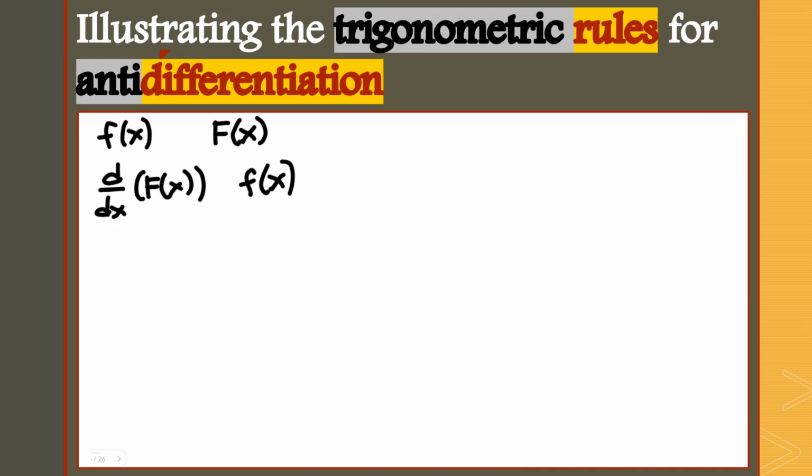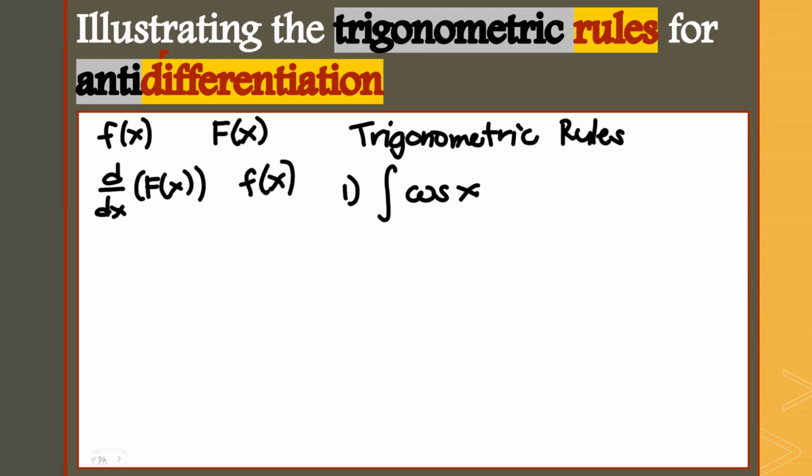So the first one: let's start here. The trigonometric rules for antidifferentiation. The first one is the integral of cosine x, where your angle is x, with respect to x.